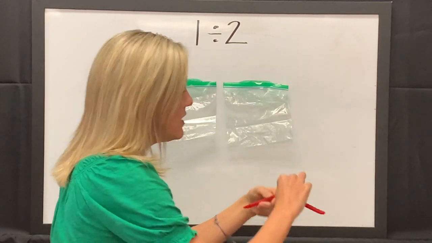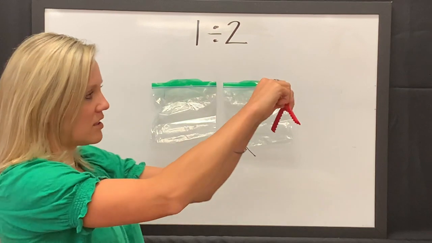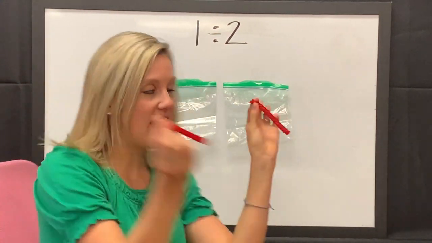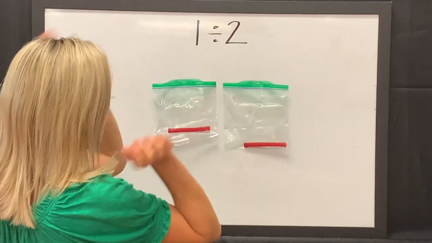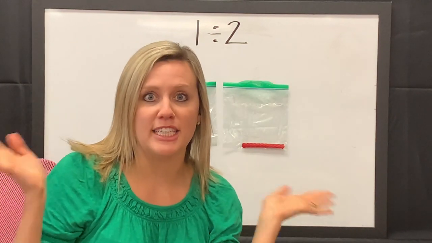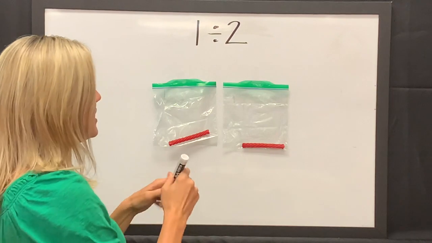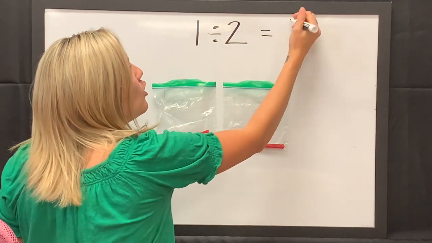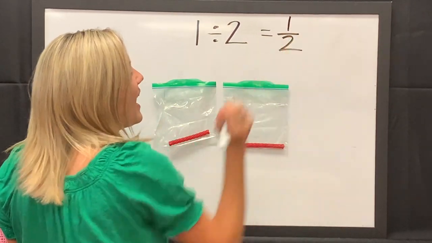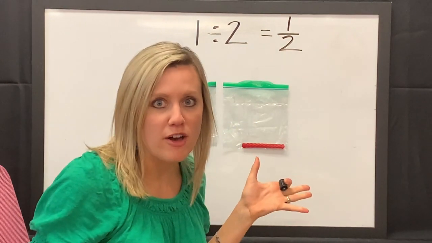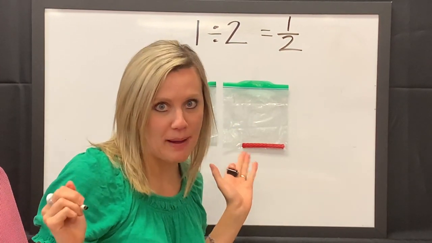So I'm going to measure, rip it in half, and now I have my 1 piece of licorice divided into 2 bags. So 1 divided by 2 is going to equal 1/2. There is a half of a piece of licorice in each bag.